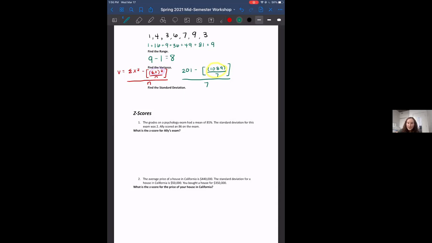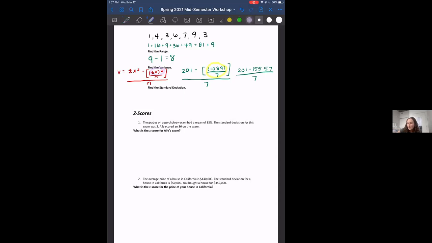So if anyone could plug that in their calculator and tell me what they get. Good. 155.57. Good. So 201 minus 155.57, divided by 7. Thank you. Okay, so what about 201 minus 155.57?